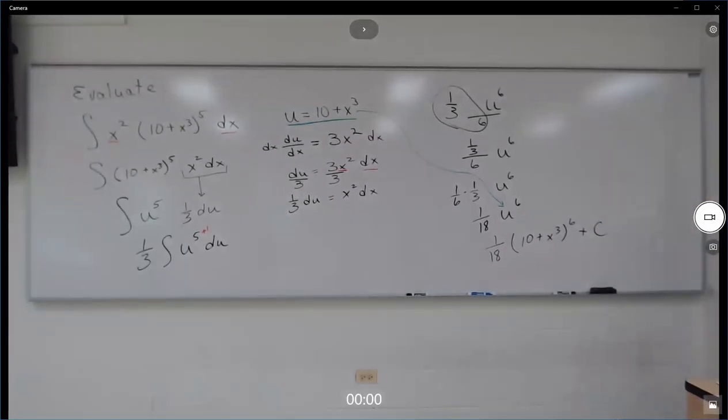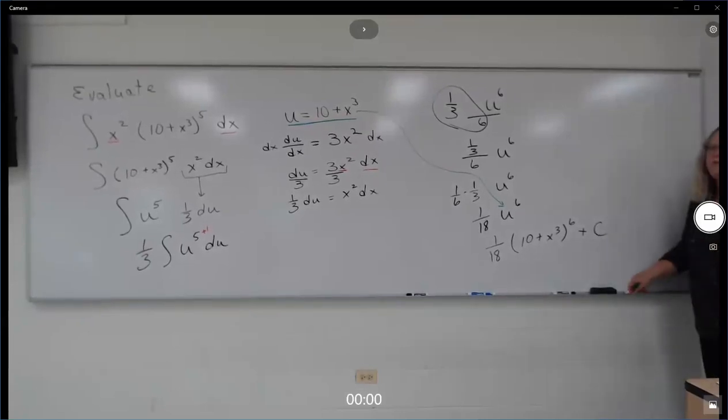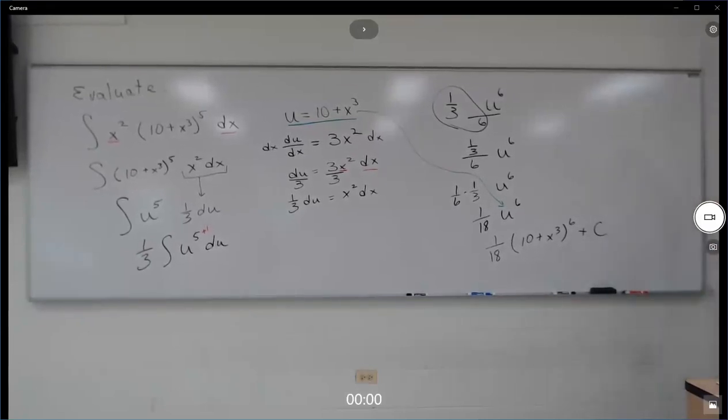So definitely not a short process. This is going to take us a little bit longer. That's it, but let's just practice. Each problem can look so different, and it takes a while to get comfortable. Do we see at least why it's called u substitution?